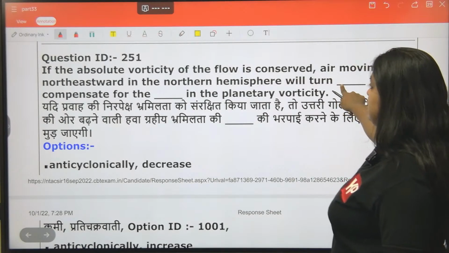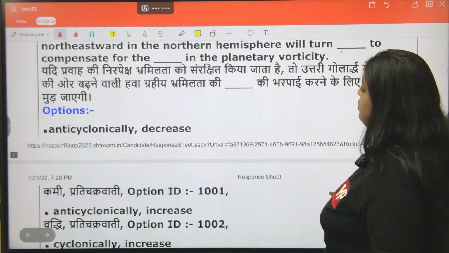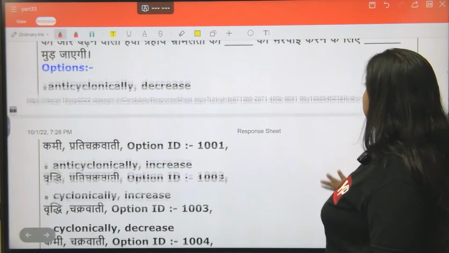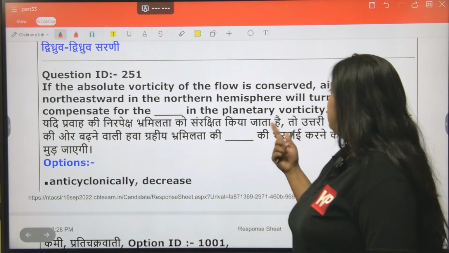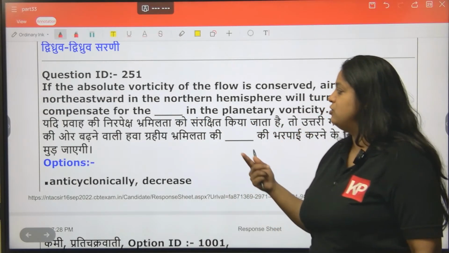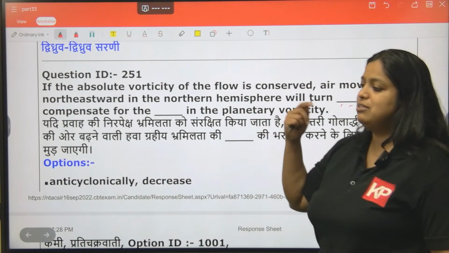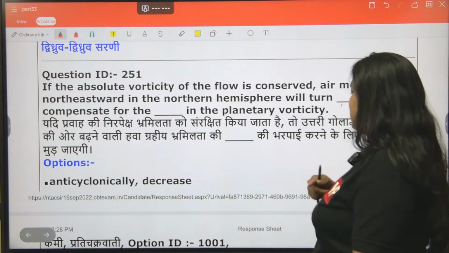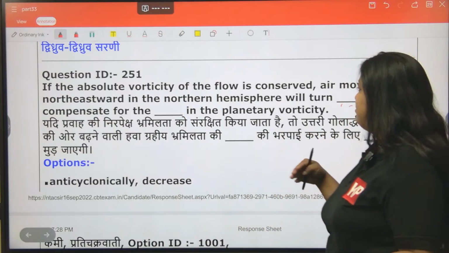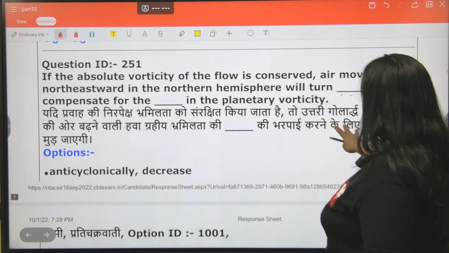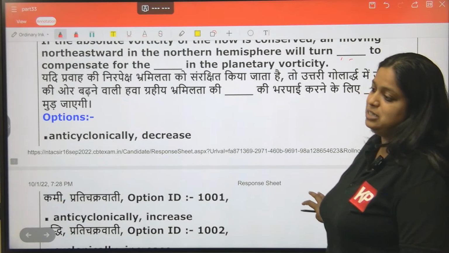Because it is moving northeastward, the planetary vorticity will be much higher. To compensate for that, it will turn anticyclonally, where the sign is different. Planetary vorticity and the relative vorticity signs are different. So it will turn anticyclonally to compensate for the increase in the planetary vorticity.